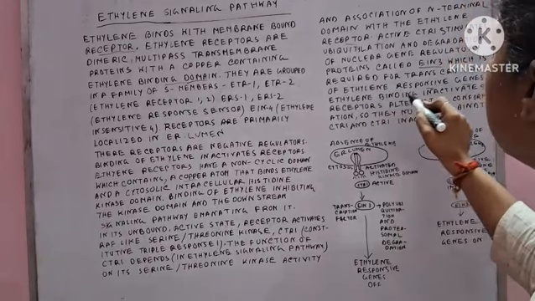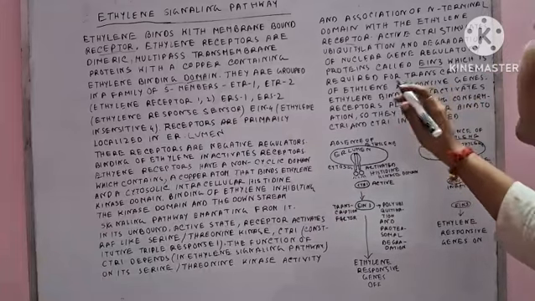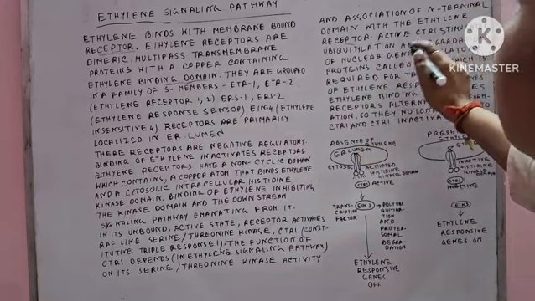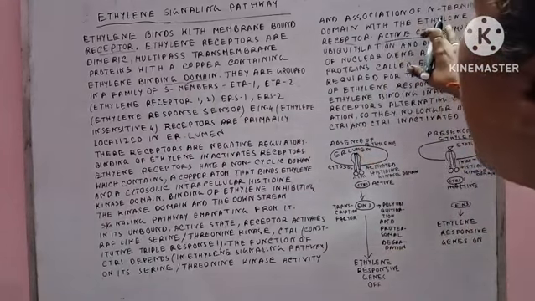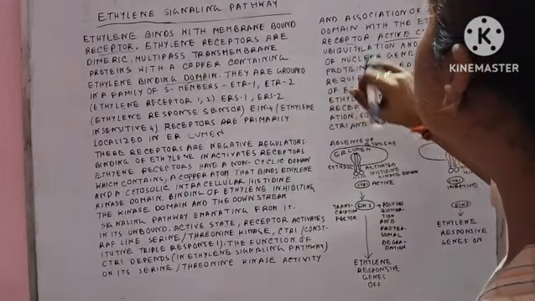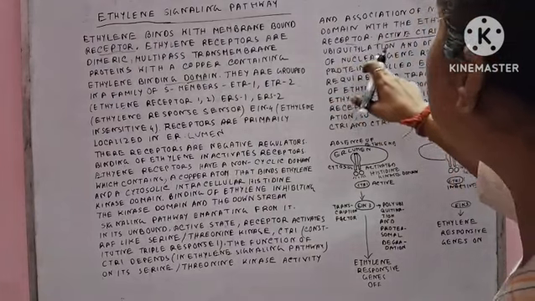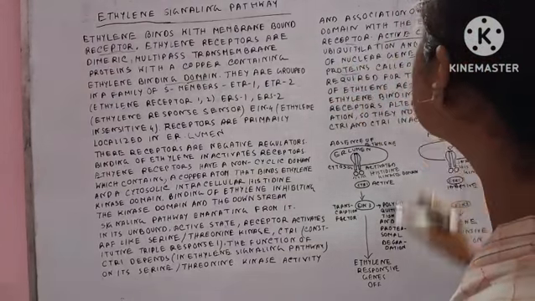Ethylene binding inactivates the receptors. So when CTR1 becomes activated, it stimulates the ubiquitination and degradation of the gene regulatory proteins.